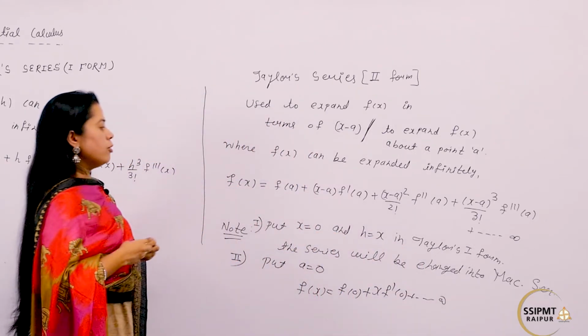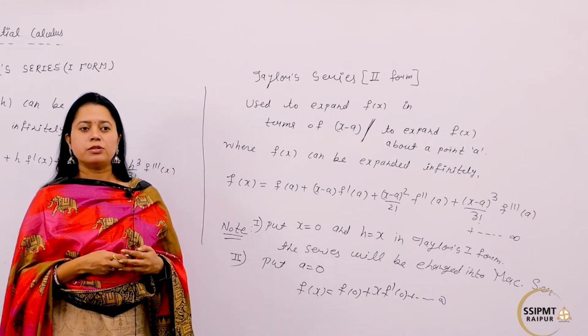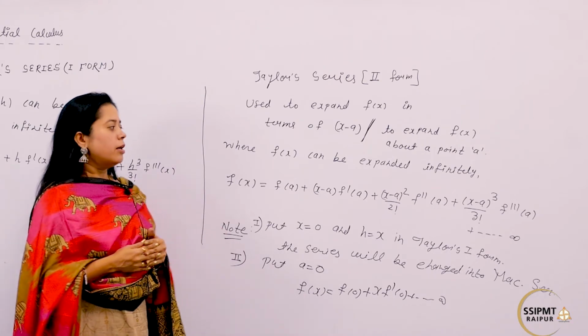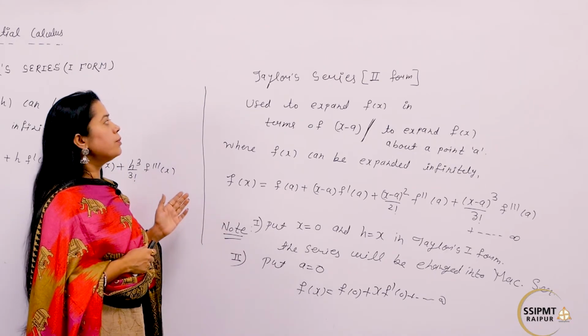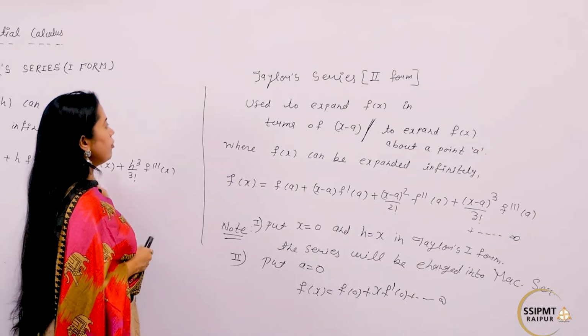So we can observe that Taylor series are more generalization or more expansion of Maclaurin series. Next we will see some examples in Taylor series in second form and Taylor series in first form.